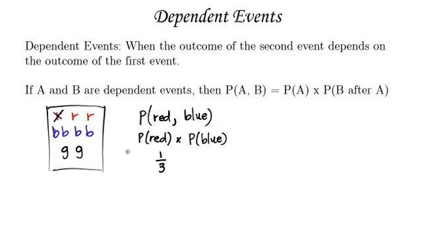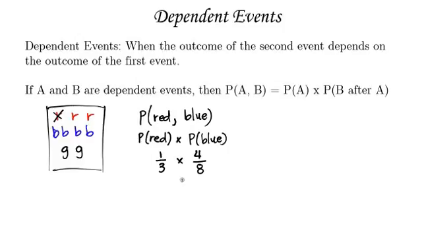How many blues do I have? 4. And my total number of marbles is going to be different: 1, 2, 3, 4, 5, 6, 7, 8. So it's 1 less than the total here. This was originally 9 before we simplified, so now it's going to be 8. There's 1 less marble in the bag.